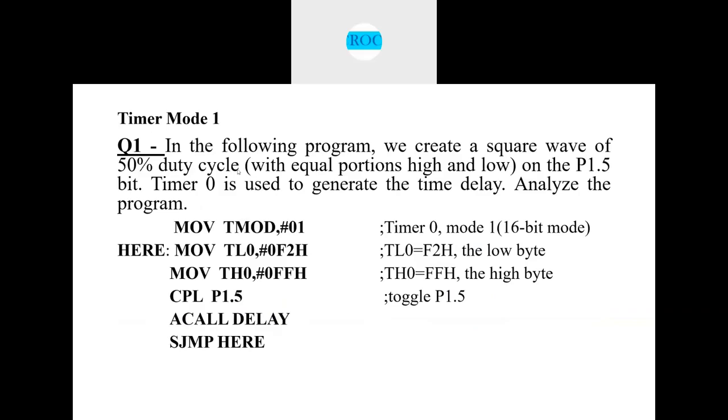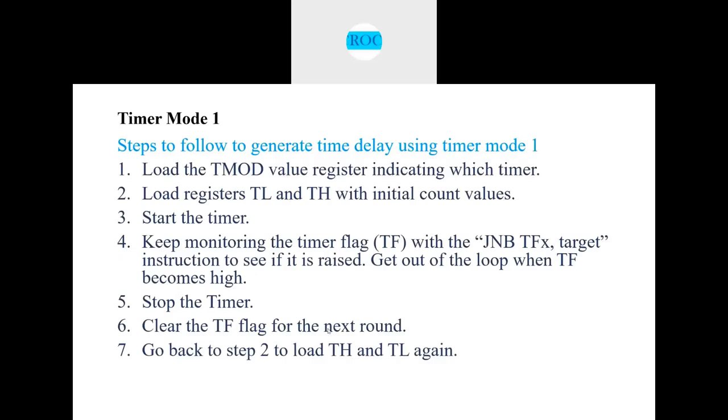First thing in the following program: we create a square wave of 50% duty cycle. Timer 0 is used to generate the time delay. Analyze the program. Everyone understood this program? If you see how the program is written, it has followed these steps. First, load the TMOD register with the mode bits.